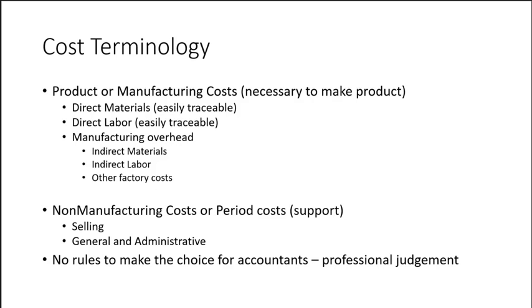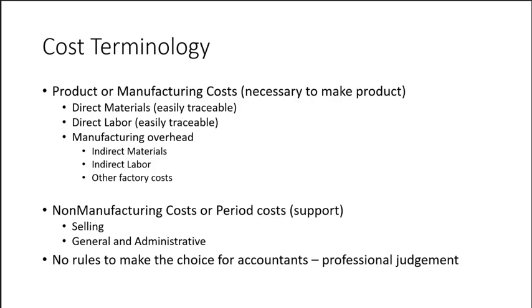And then we have what we refer to as non-manufacturing costs, or sometimes period costs. These are selling costs, advertising, cost of salespeople, general administrative, accounting, payroll, someone pays the bills. All of those costs are necessary, otherwise you won't get it, but they're not necessary to manufacture.